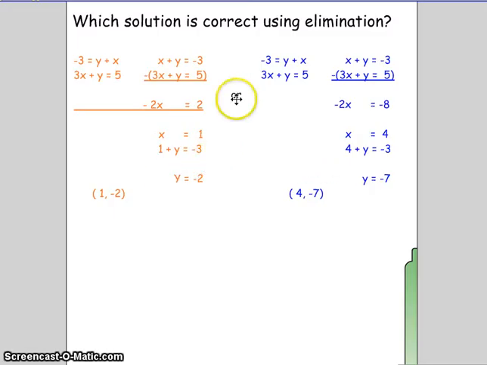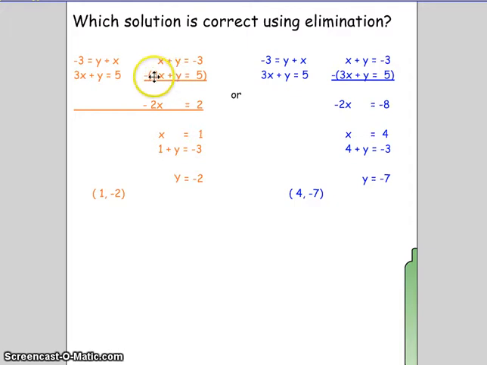Alright, let's move on. I've got one example here where we just want to see which one of these two methods is correct. Let's look at it real quick. It looks like they rewrote this with a -3 on the right hand side and the x and y on the left hand side. And then it looks like we need opposites, so I think they're multiplying this whole second equation by -1.